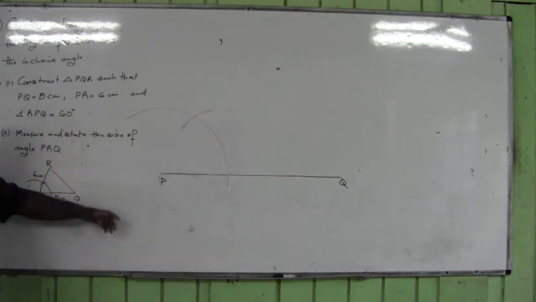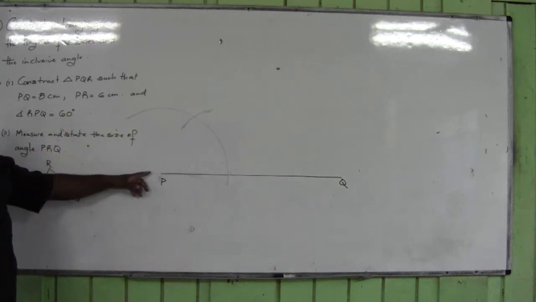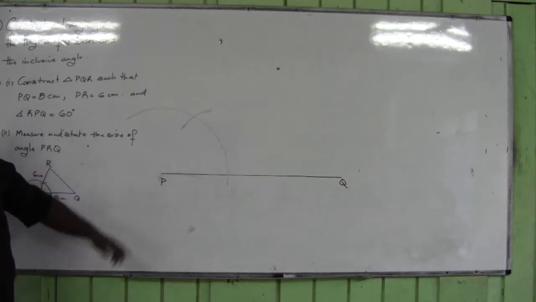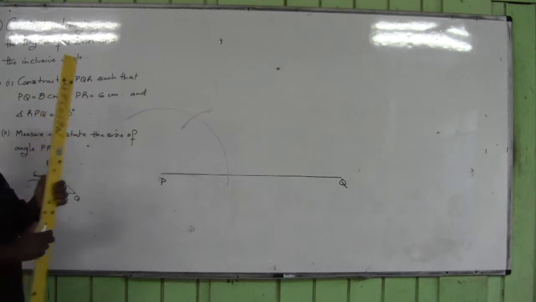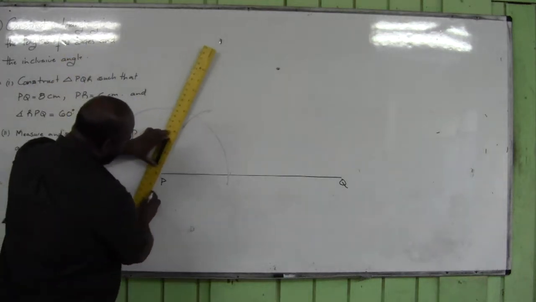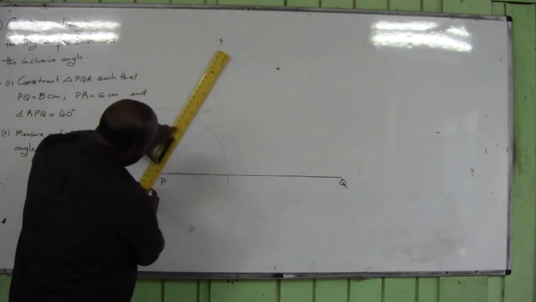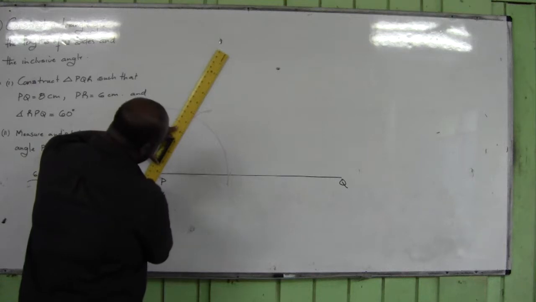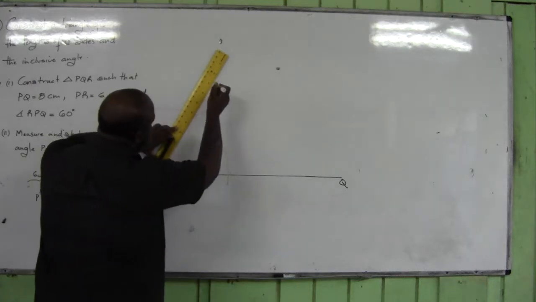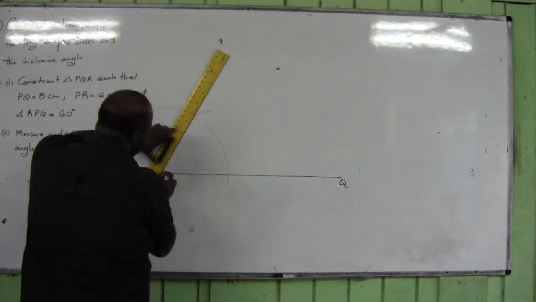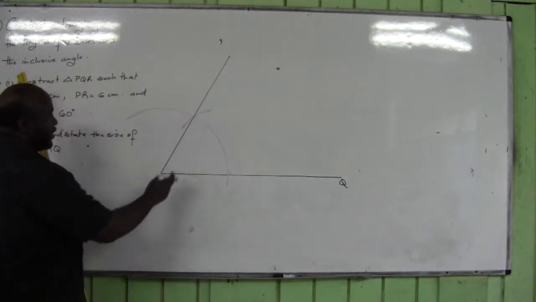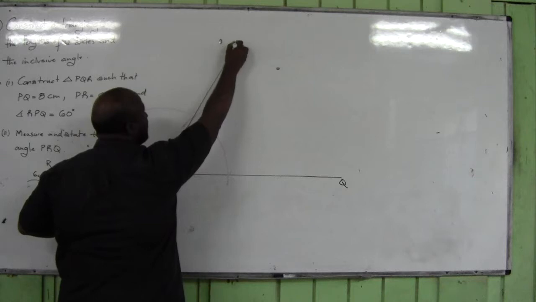Ladies and gentlemen, what I'm going to draw next is the line PR. What is the length of PR? 6 centimeters. So I line it up and I ensure that it is 6 centimeters. The angle here is 60 degrees.